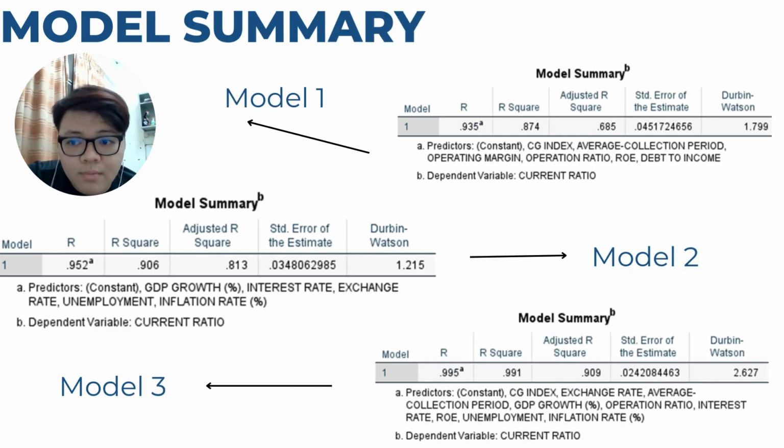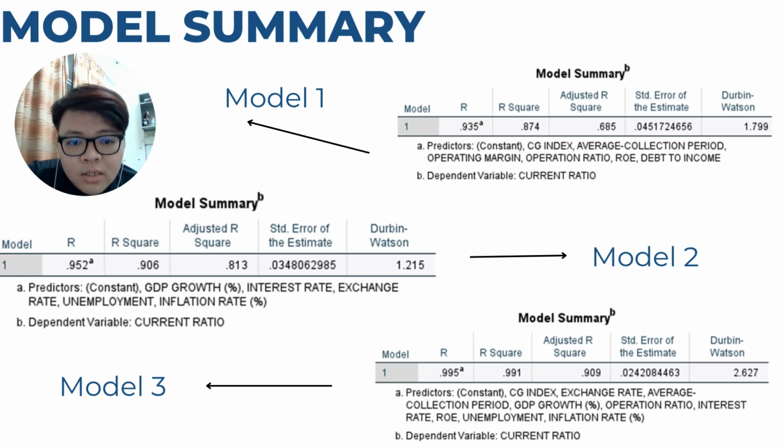For the model summary, for the internal factors, with an R-square of 0.87 or 87%, the study demonstrates that only 6 of the 7 factors affected the liquidity risk or current ratio of ADCB based on the Model 1 table.